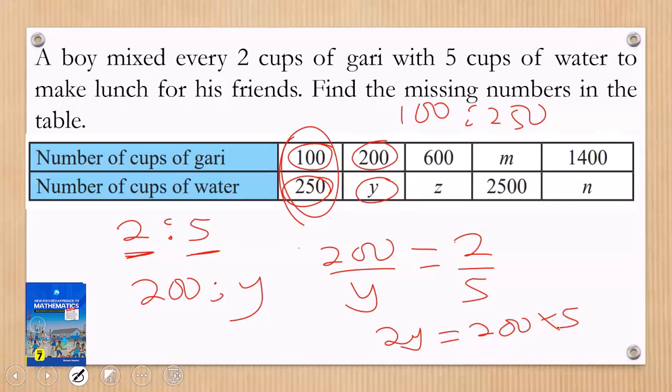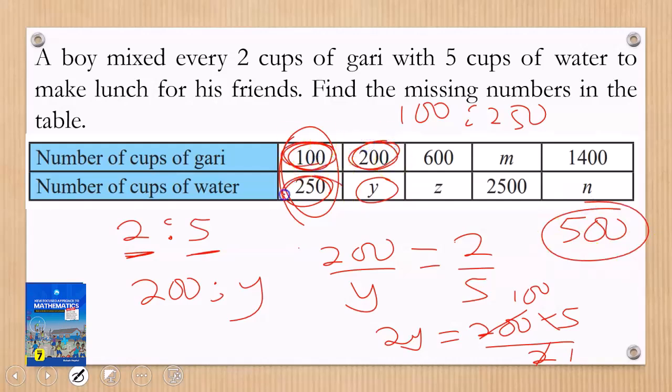When we divide both sides by 2, you get 200 times 5 over 2, and that can be calculated. 2 can divide 200 as 100, and 5 times that will give us 500. It is obvious that if I double this 100, I get 200, and when I double this one, I get 500 in place of y. I hope it makes sense that way. Good, so y is 500.